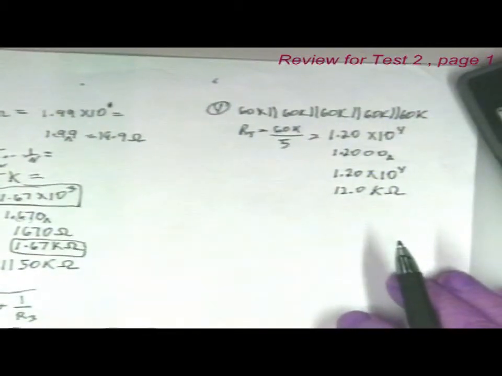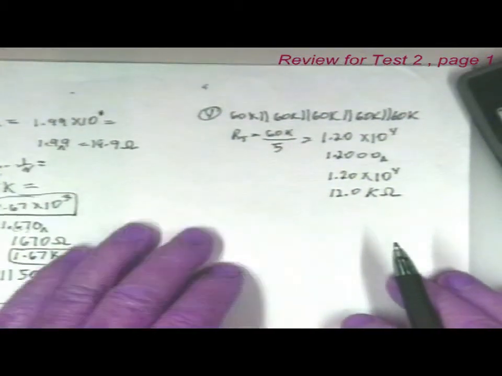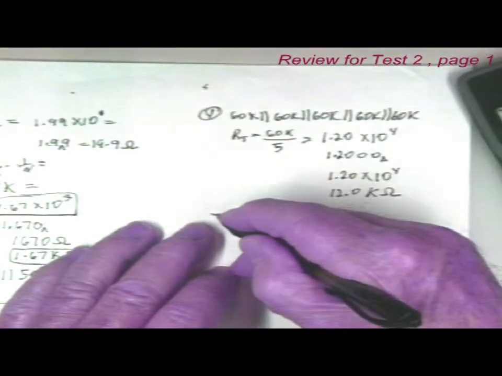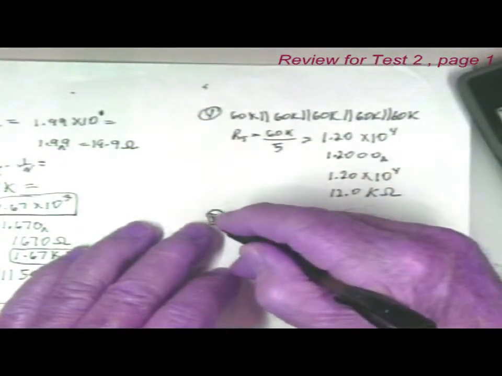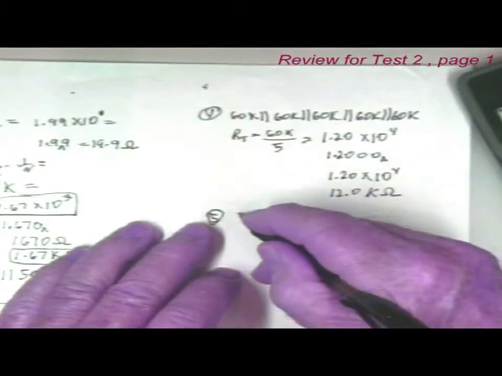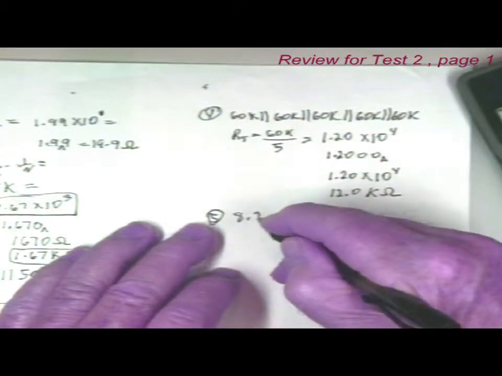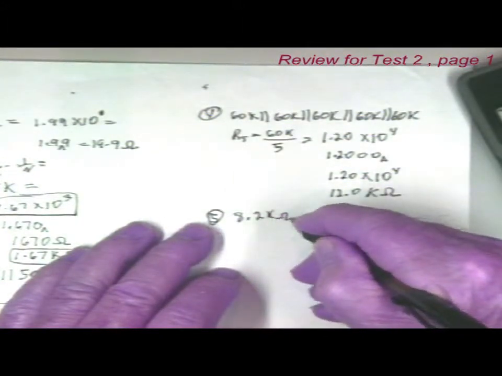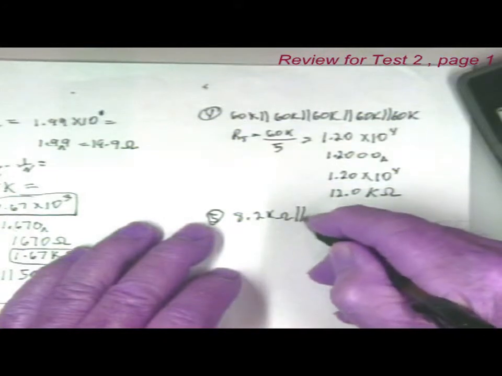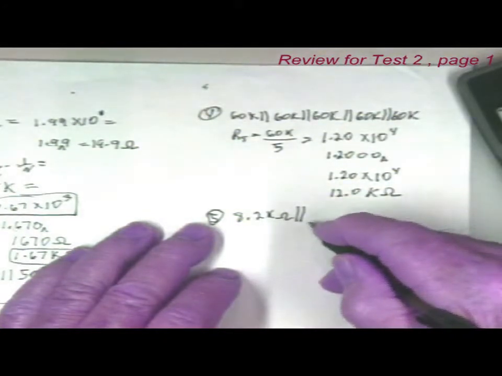Now, are we ready to work another one? Let's do number 5. Number 5 says 8.2 K ohms in parallel with 100 K ohms.